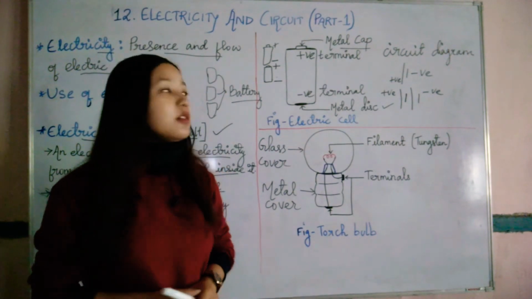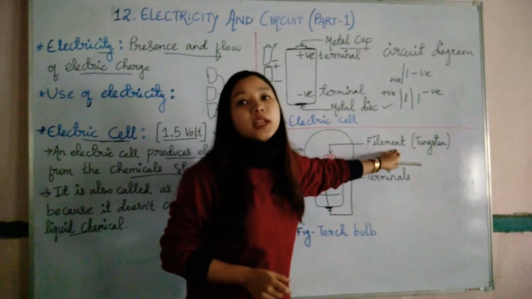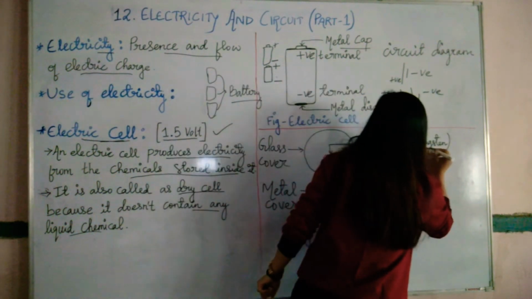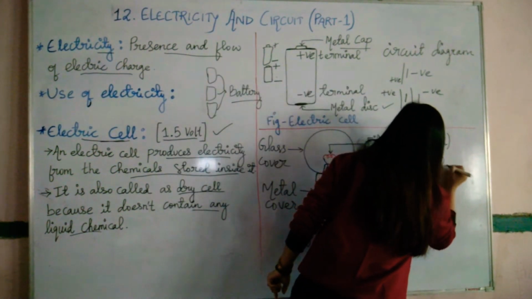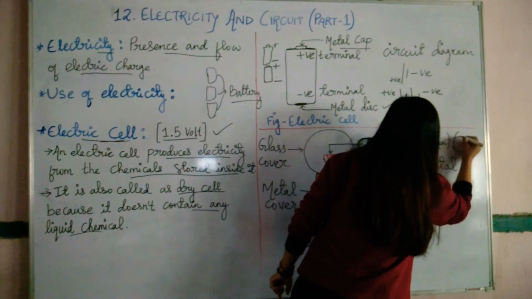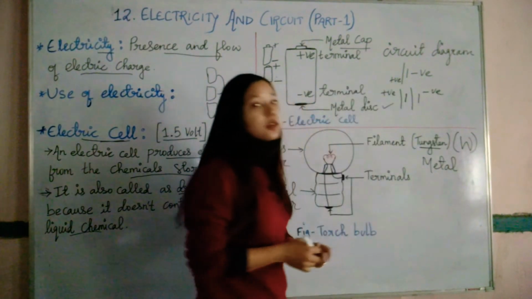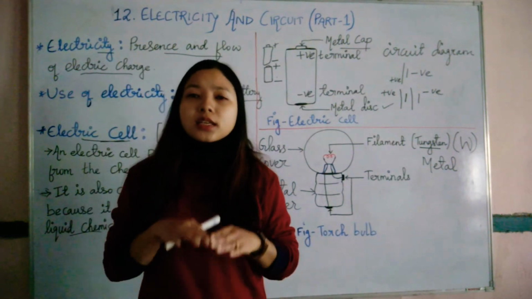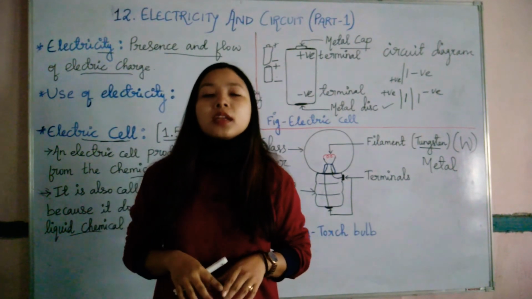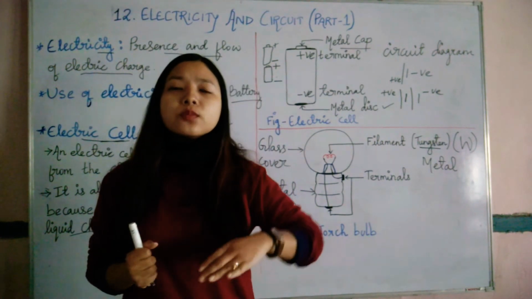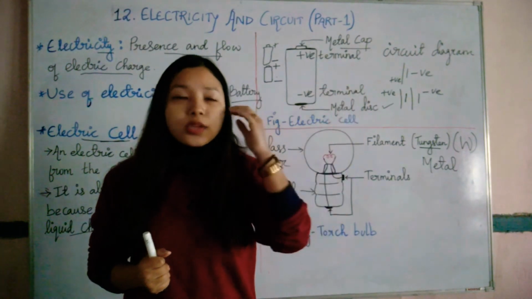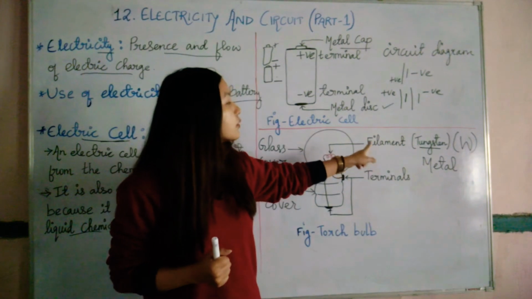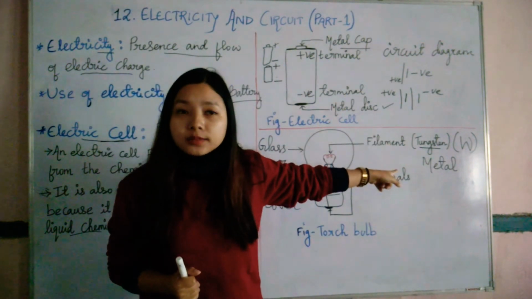That coiled wire in a bulb is known as the filament, and it is made up of tungsten metal. Tungsten, chemical formula W, is highly durable. It can last for a very long time, it is very strong, and its melting point is very high. So it has these desirable characteristics. That is why in the bulb we use filaments made up of tungsten.